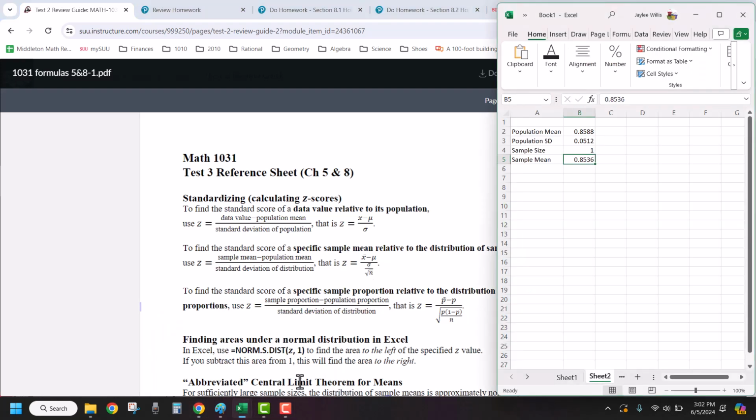So the way I would type that out here, I'm going to say my z-score is equal to, in parentheses, my sample mean, which is represented by this X bar, subtract my population mean, and then I'm going to divide by, in parentheses, the population standard deviation divided by the square root of the sample size.